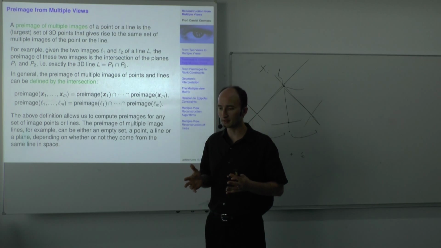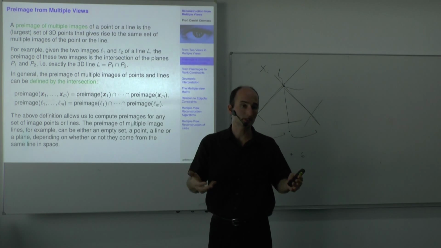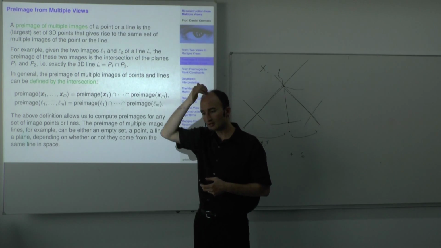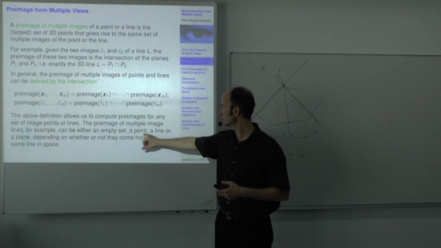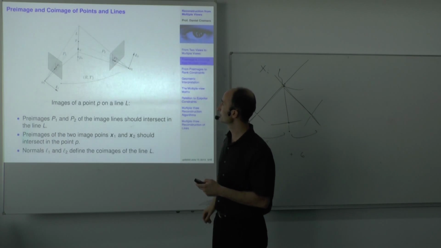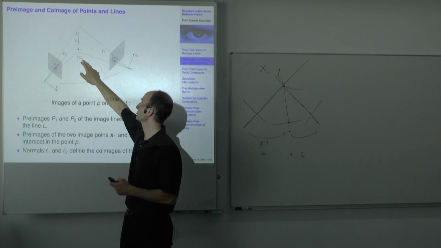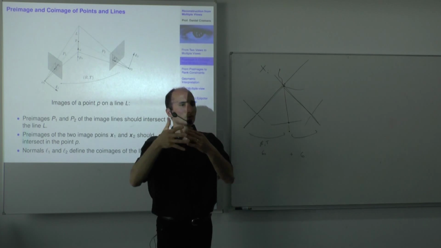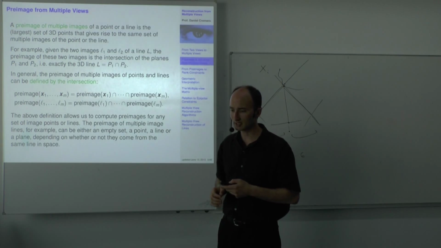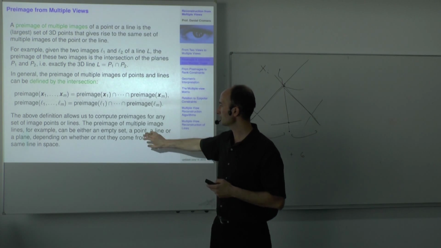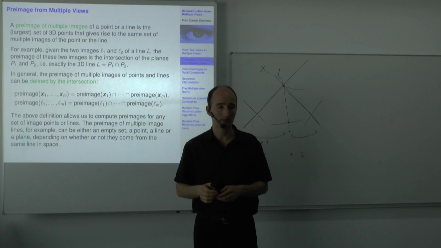One is that it's the empty set, that if I intersect all the pre-images, nothing remains. The second scenario is that the intersection is a single point. So if we go to this drawing, assume there is another view of a line. If I intersect that, possibly there is going to be one point where they all intersect. Possibly there is a line in 3D, and possibly the intersection is empty.